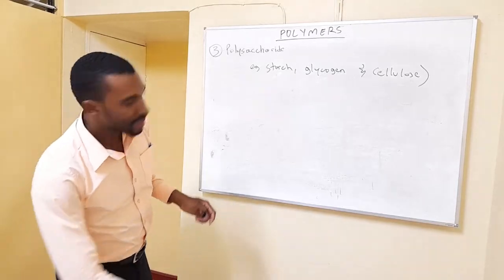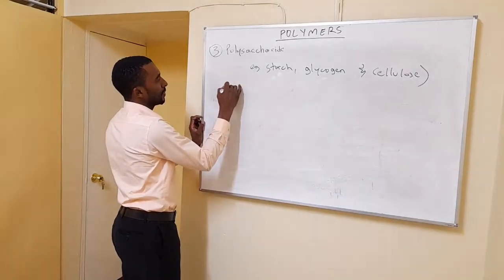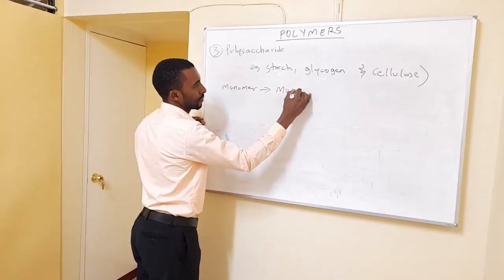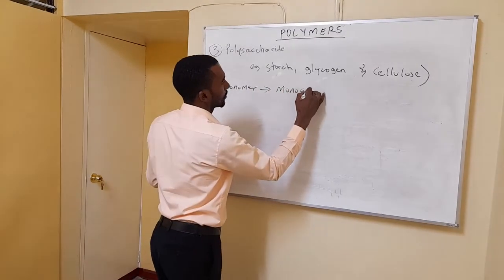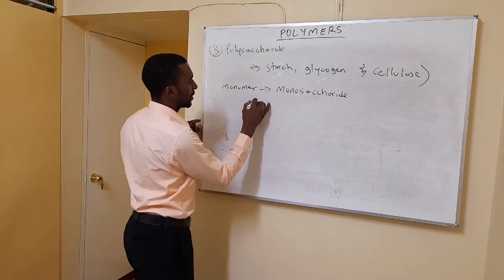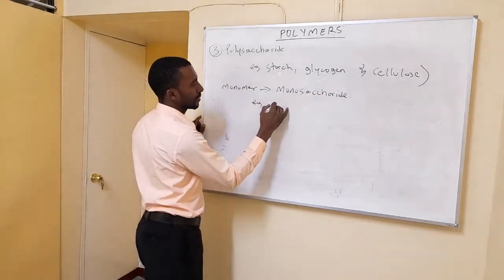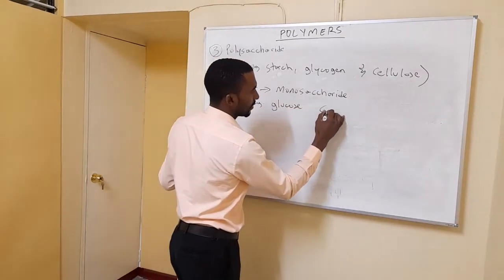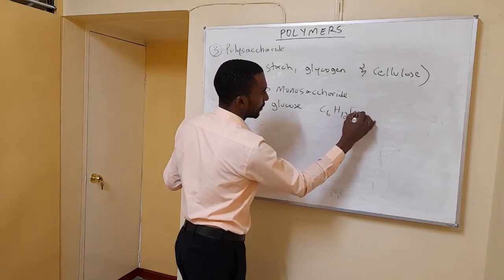So monosaccharides are the monomers. An example of a monosaccharide is glucose, which is C6H12O6.